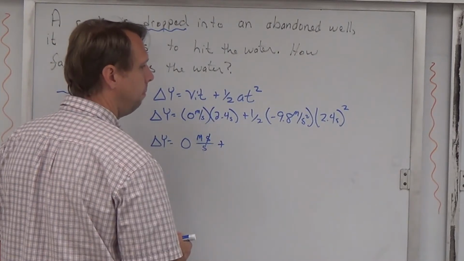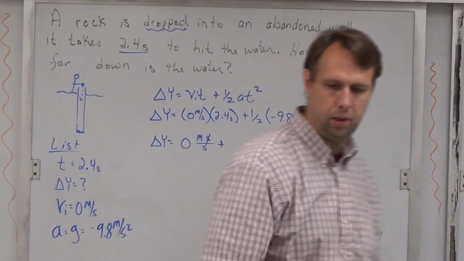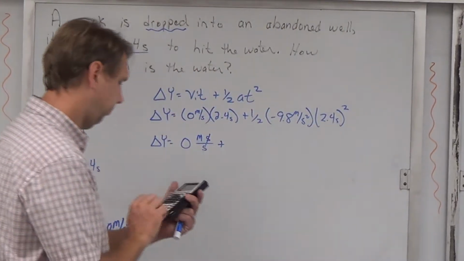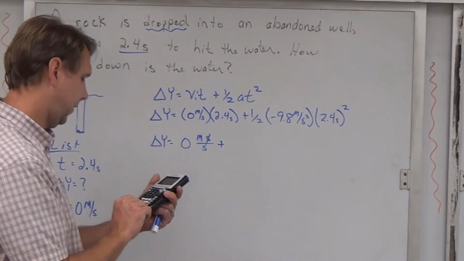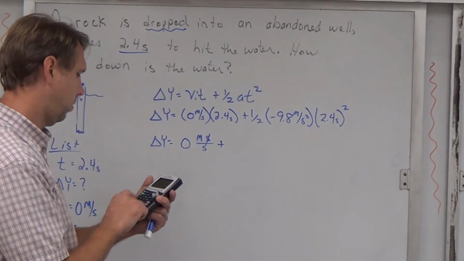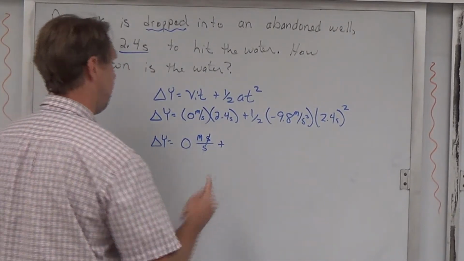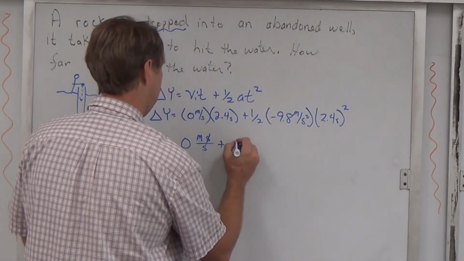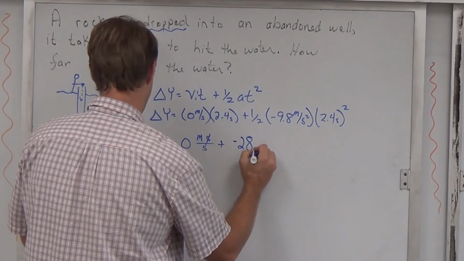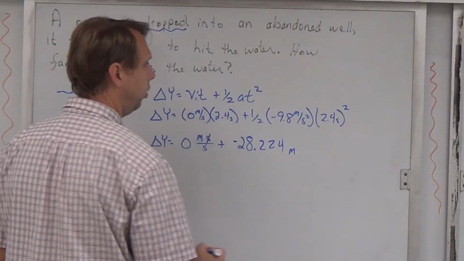1/2 of 9.8 times 2.4 squared, that is negative on the 9.8. I'm going to grab a calculator. 1/2 times negative 9.8 times 2.4 squared is negative 28.224, and that will be in unit meters.